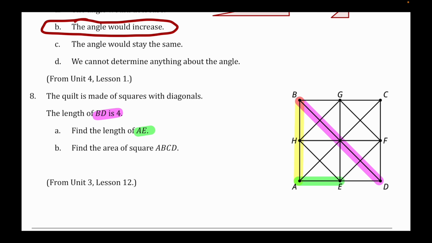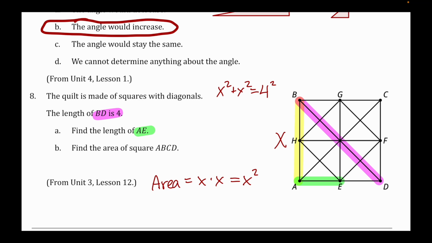So you could say that x squared plus x squared equals 4 squared. And if I'm calling this entire side x, the area is actually going to be x times x, which is x squared, because it's the length times the width.